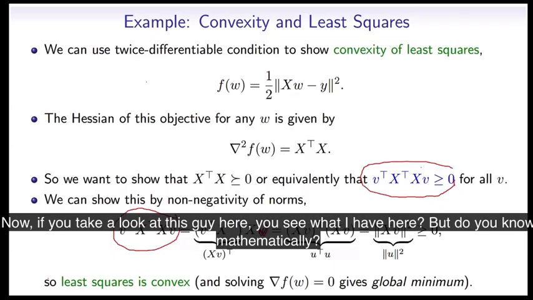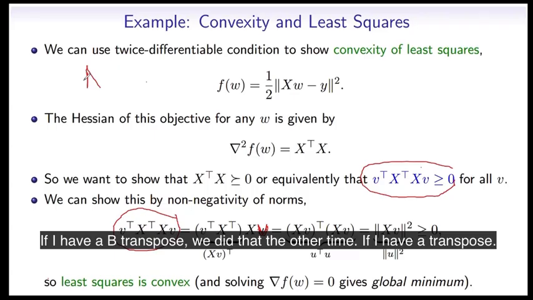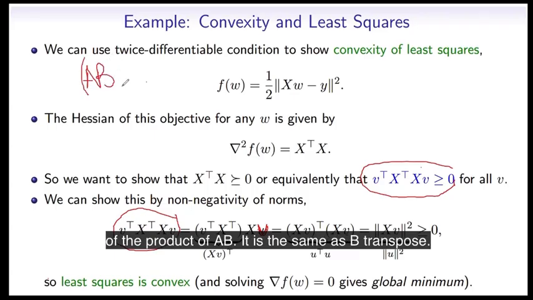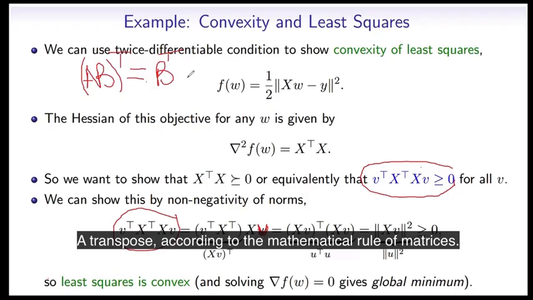Now, if you take a look at this guy here, mathematically, if I have the transpose of the product A, B, we did that the other time, it is the same as B transpose A transpose, according to the mathematical rule of matrices.